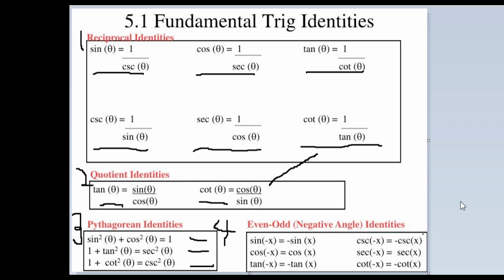So there are 6 main ones: the sine of negative x equals negative sine x, cosine of negative x equals cosine x, tan of negative x equals negative tan x, cosecant of negative x equals negative cosecant x, secant of negative x equals secant x, cotangent of negative x equals negative cotangent x. So the way that one works is you're taking the negative from the inside and bringing it to the outside. So they're equivalent.